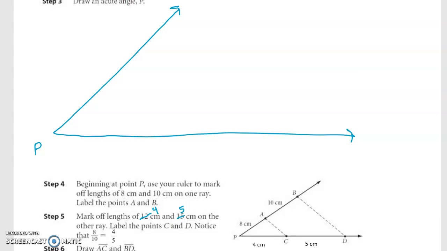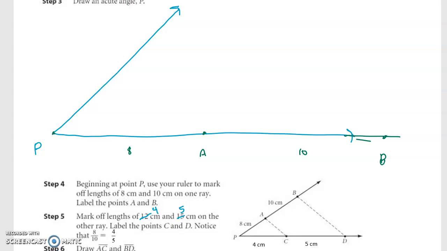So go ahead, mark here, and go 8 centimeters here and put point A, and then go another 10 centimeters from this point and go ahead and mark point D, or B, I guess.